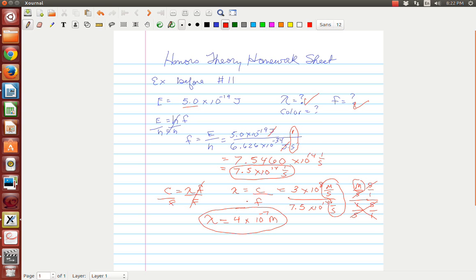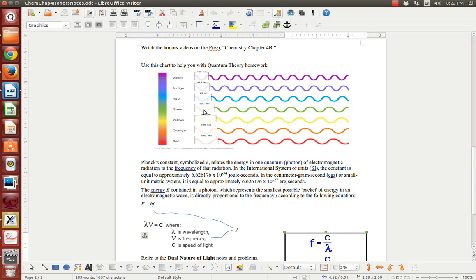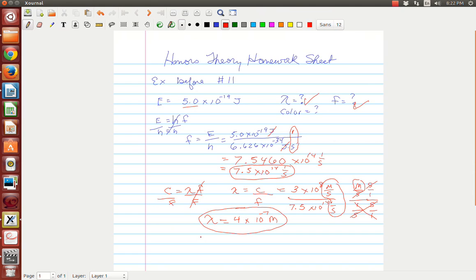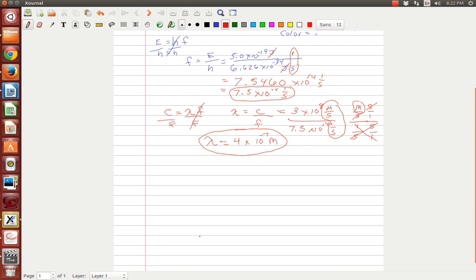The only problem is it also asks me the color, and when I go back and look at my notes, the wavelengths are all in nanometers, so I'm going to need to change my meters to nanometers, and then I can look at that chart. So 4 times 10 to the minus 7 meters, do a unit conversion. Meters is on the top, so it has to be on the bottom. 1 meter is 10 to the 9 nanometers.